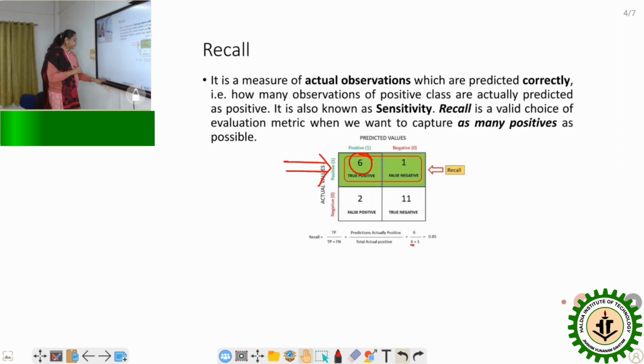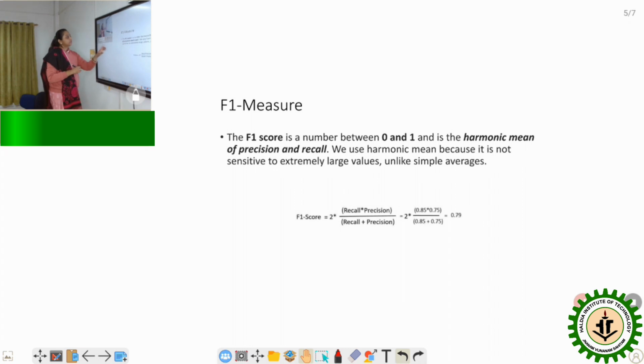Already I have discussed the recall, and next one is the F1 measure. What is the F1 measure? It will give a score between 0 and 1. The F1 measure takes the harmonic mean. It will not take the simple average, as the simple average is sensitive to very low or very high values.